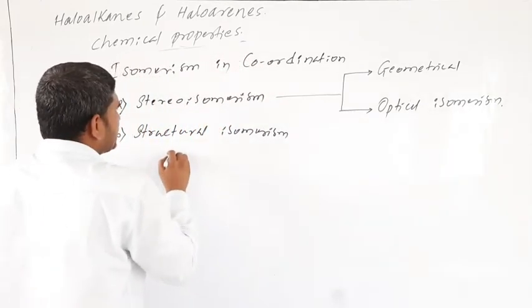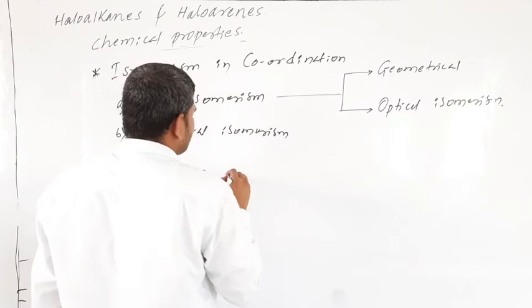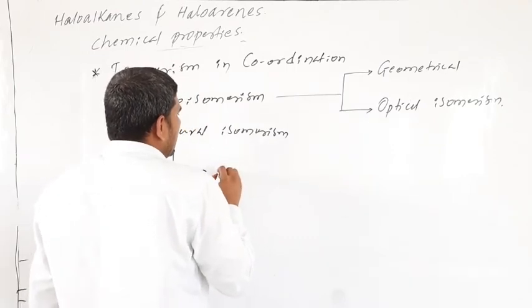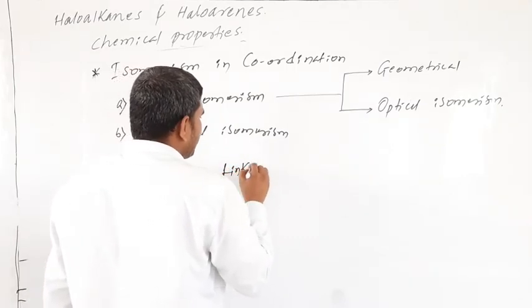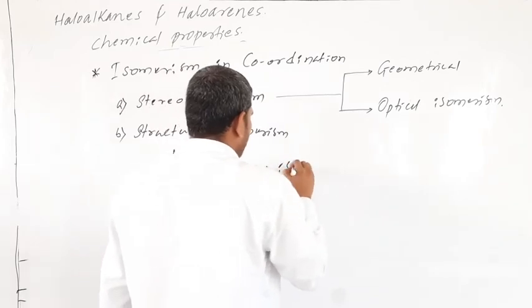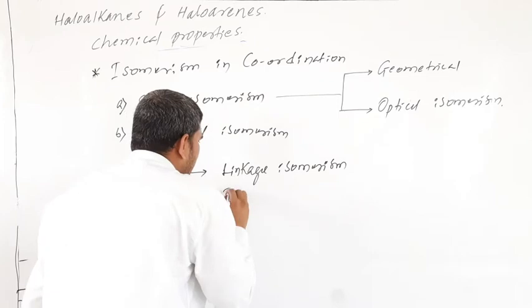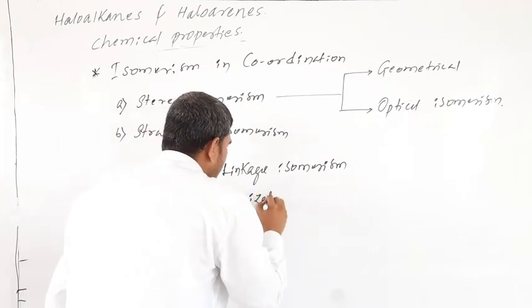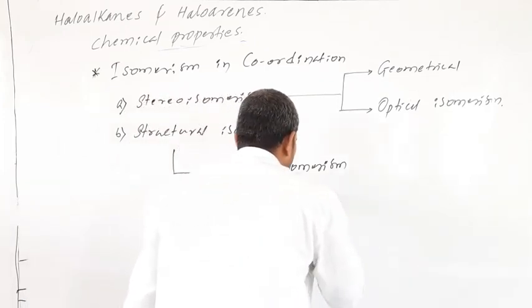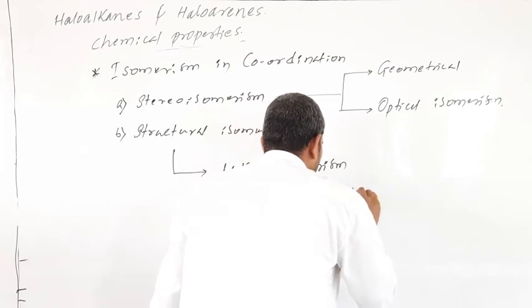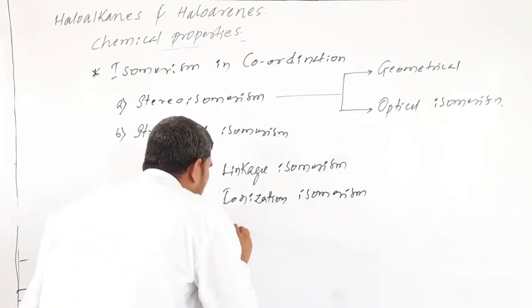And structural isomerism is classified into four types. First one is linkage isomerism. Second one is ionization isomerism. Third one is coordination isomerism.